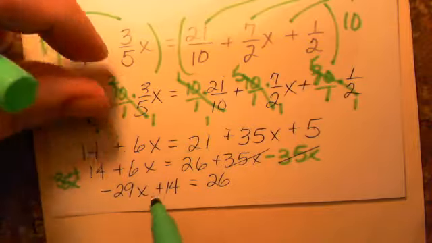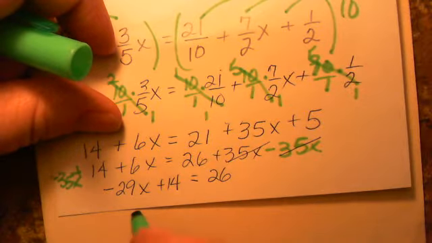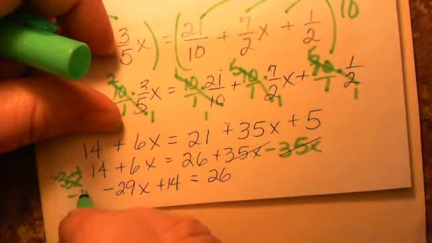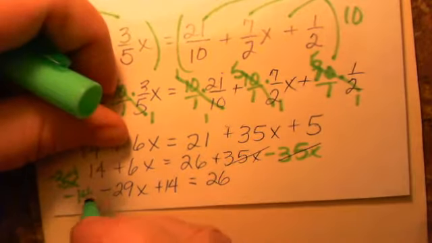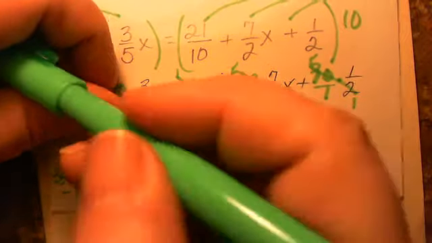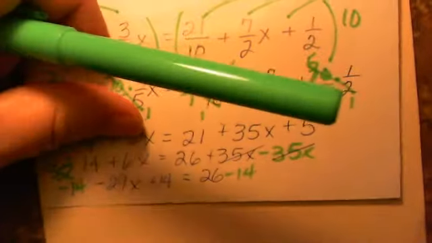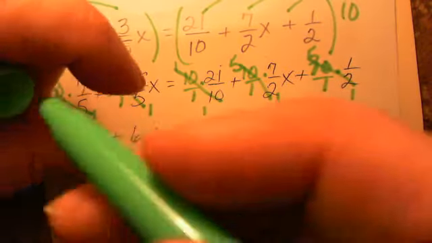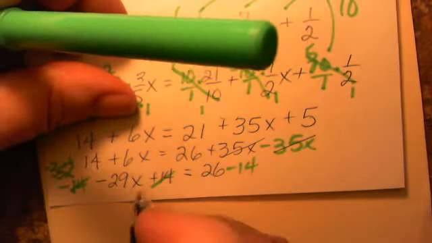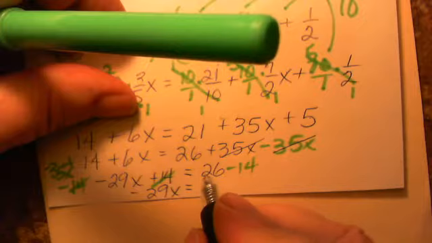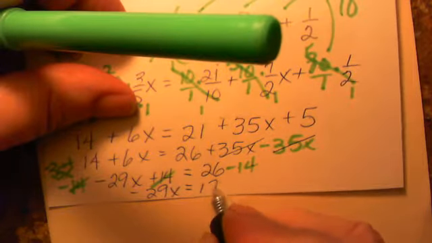Okay. Now how can we zero out the 14? Well, we can add a negative 14 to both sides. And that gives us negative 29x is equal to 12.